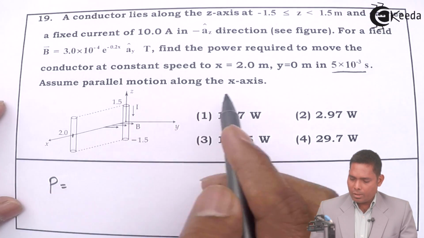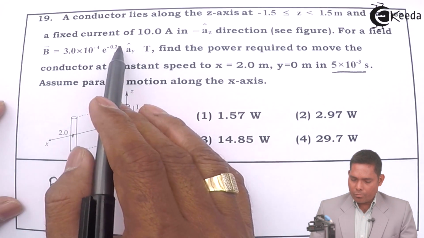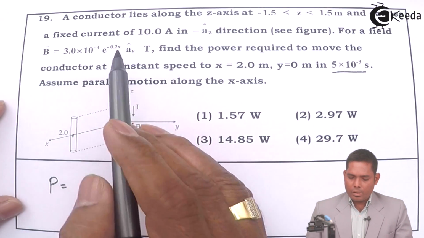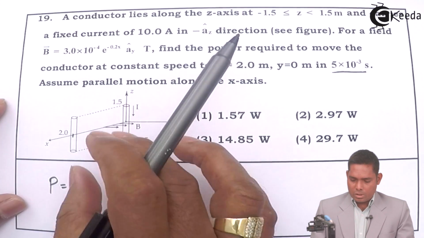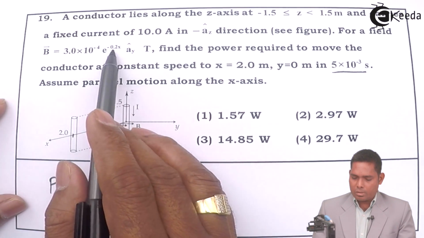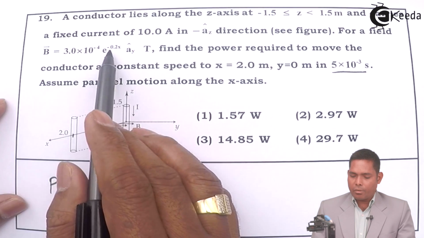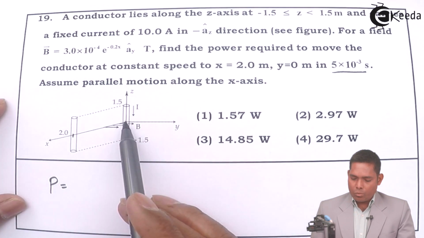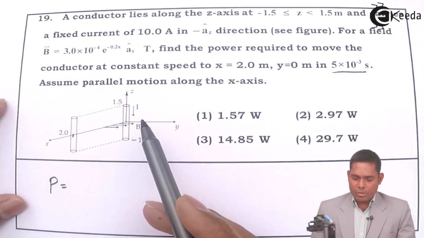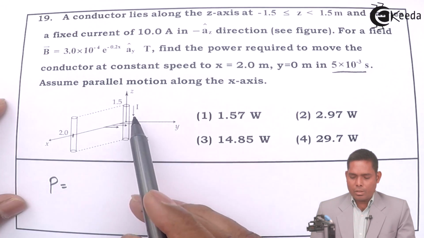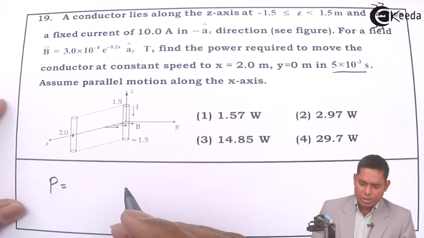Because the magnetic field is of a variable form. The magnetic field is not constant, it is an exponentially decreasing function. So as we move the conductor from here to here, the magnetic field will change. Whenever there is a variable magnetic field, you have to go for integration.